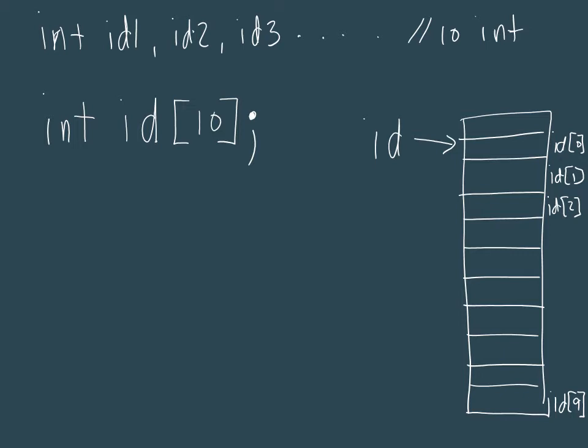And so just to make this clear, ID is an integer pointer, and ID at any index within the range of 0 through 9 is an integer. So ID at index 4, for example, the data type of that is int, or integer.